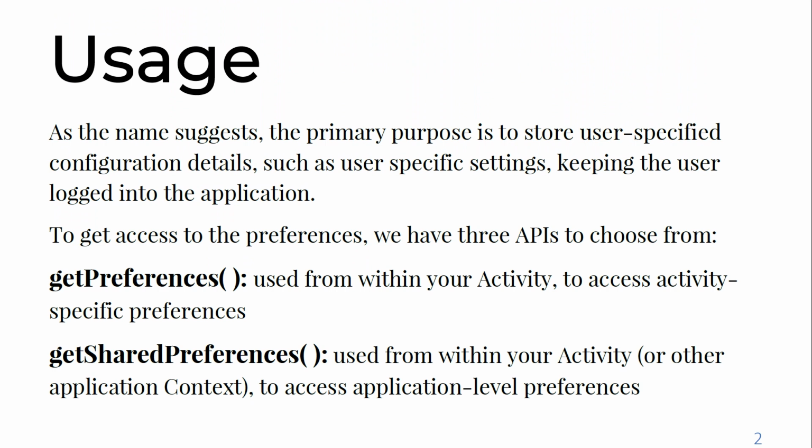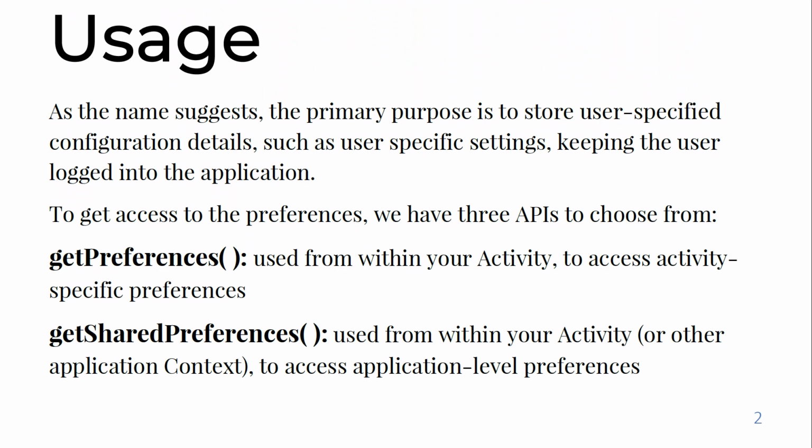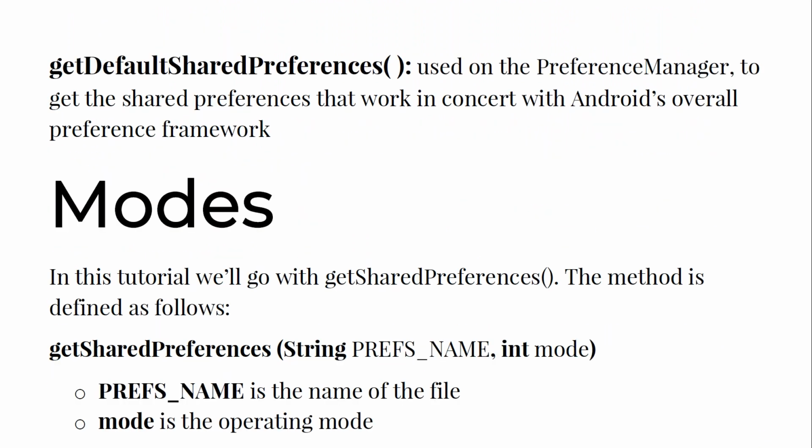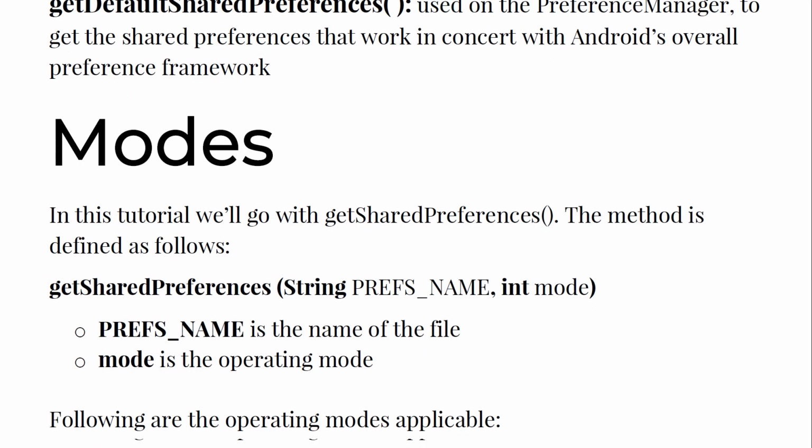The getSharedPreferences method is used from within your activity or other application context to access application-level preferences. And the third one, the getDefaultSharedPreferences method, is used on the PreferenceManager to get the shared preferences that work in concert with Android's overall preference framework.